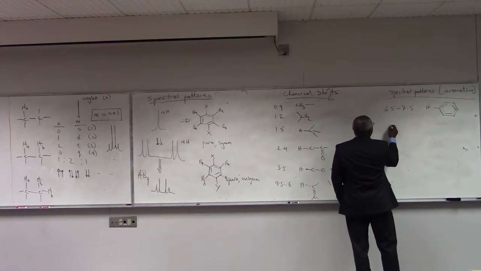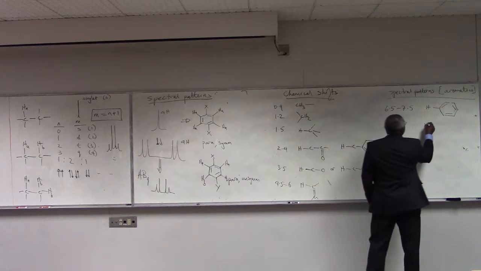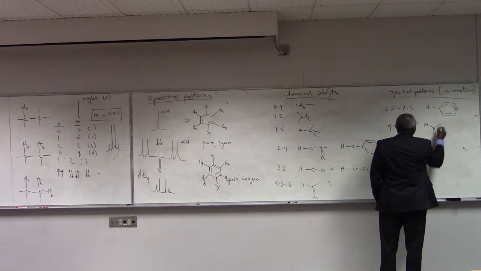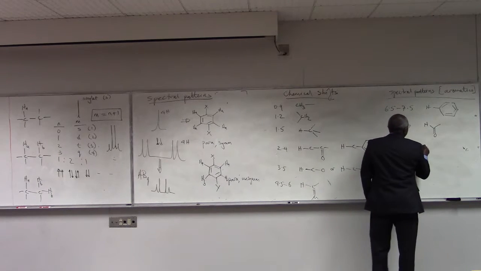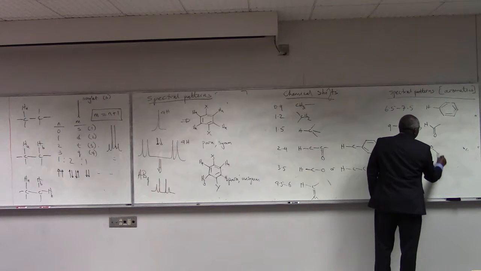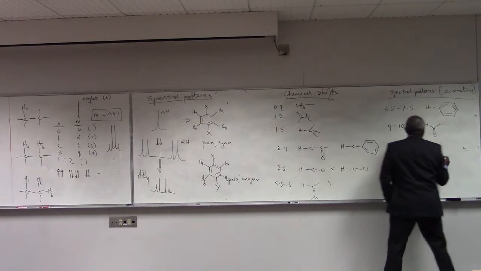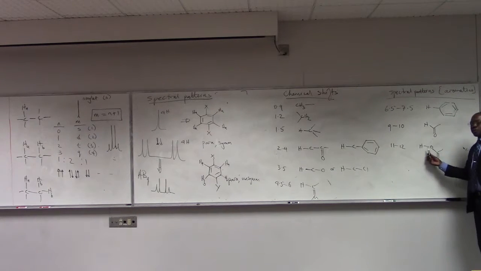And then 9 to 10, these are aldehydic H's. And then 11 to about 12, those are H's of carboxylic acids. And that's a combination of both induction, some resonance, but largely a combination of anisotropic effects.